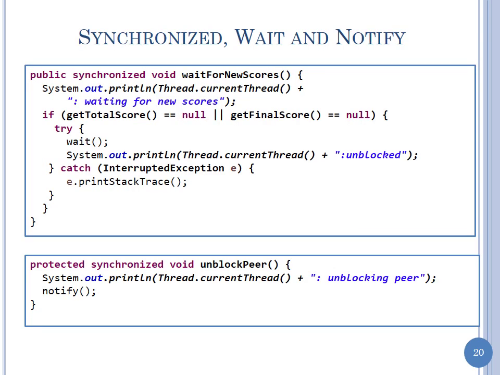Every object has a method called wait that you can invoke on it, and the awaken method is notify. A sleep that does not wait for time, but just waits to be awoken by another thread. So there's notify and there is wait.